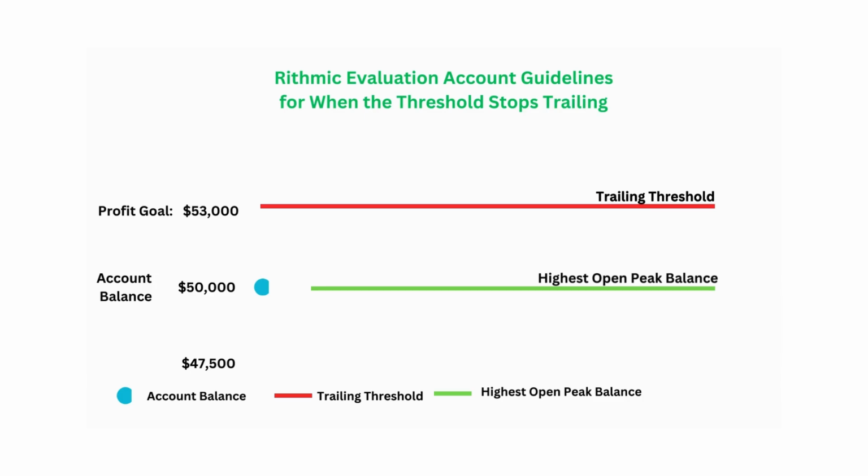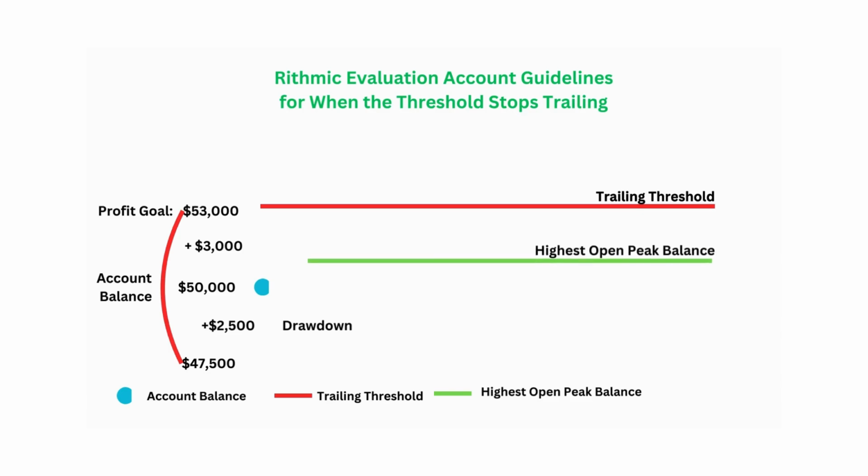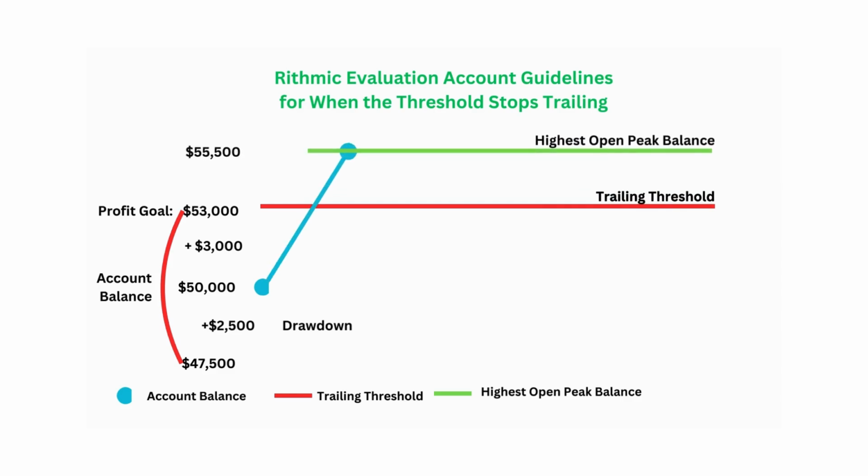The trailing threshold's rise from $47,500 to $53,000 encompasses the $2,500 max drawdown plus the $3,000 profit goal. In order for that to happen, the peak balance needs to increase by the account's profit goal amount, which is $3,000, and the max drawdown amount, $2,500, bringing the peak balance up to $55,500.